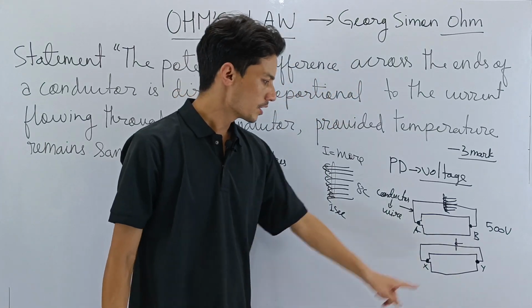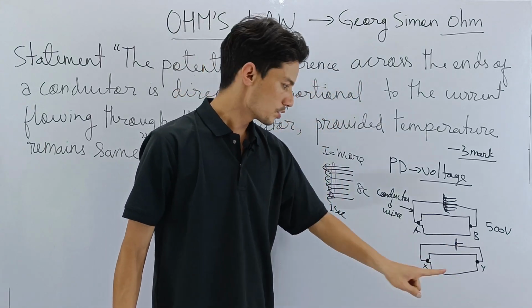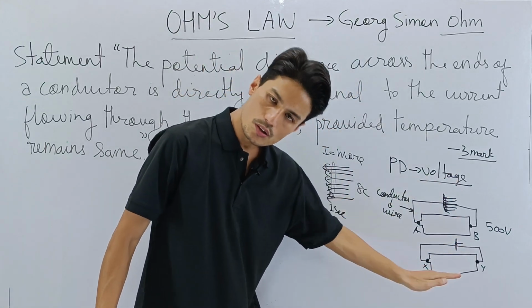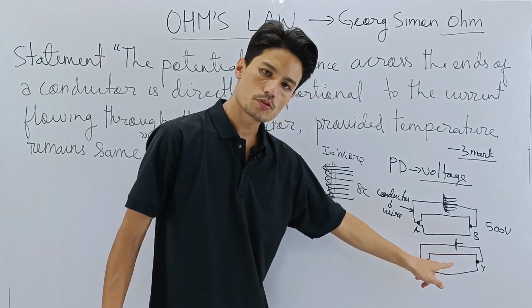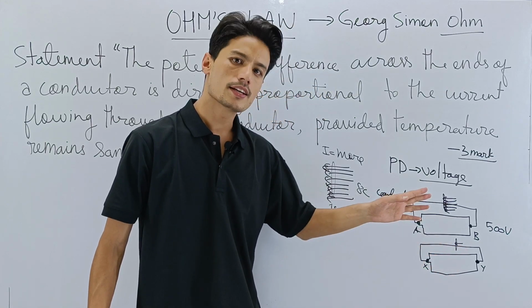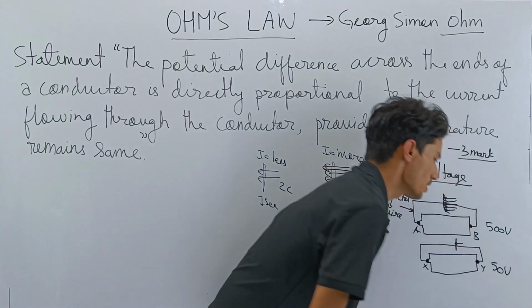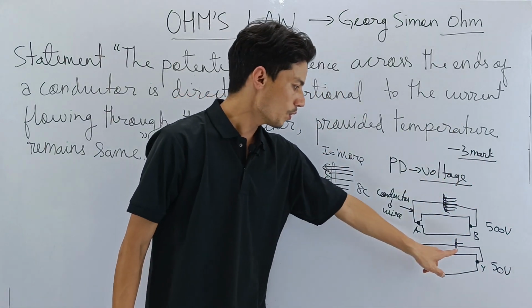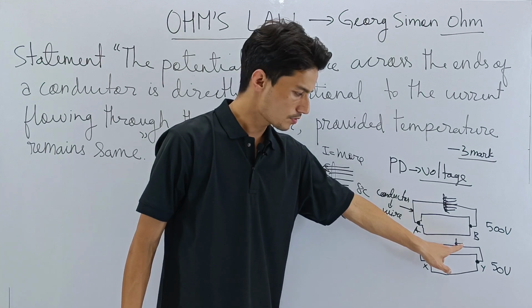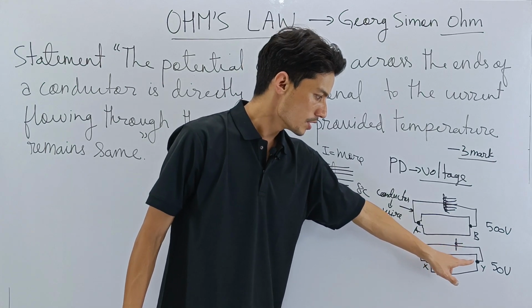Only one charge is flowing, so it is less current. That means potential difference will also be low, so maybe it's just 50 volts. Why is less current flowing here? Less charge is flowing here because the push is low.